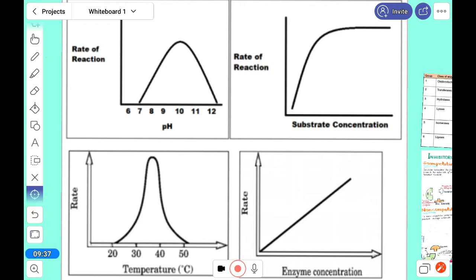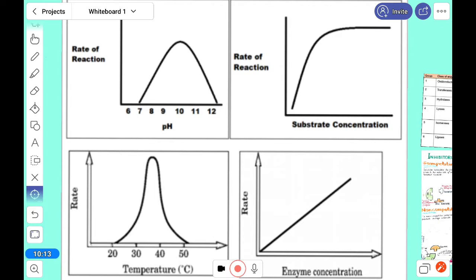So at low temperature the rate is low, and at high temperature it is also reduced. At one optimum temperature, suppose here it is 37 degrees Celsius, it is maximum, and around 37, so 35 to 40, the rate is maximum. At low temperature it is less, and at high temperature also less.